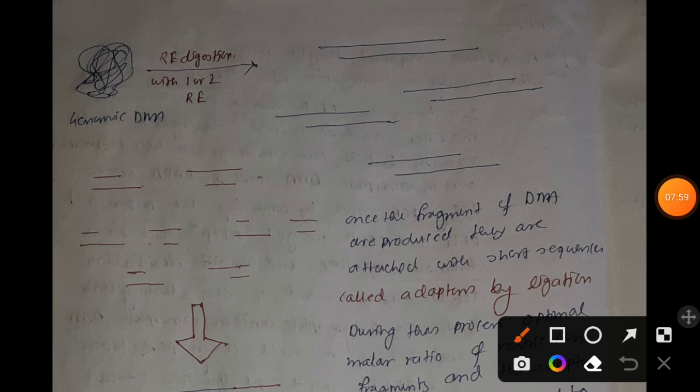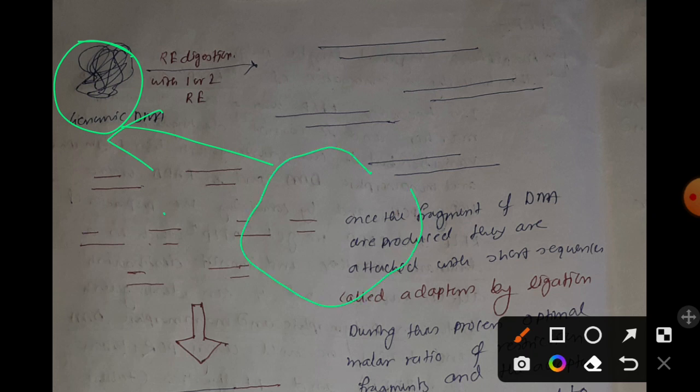So now it is important to understand the various steps of AFLP. First, this is the genomic DNA. Before that, there should be another process, that is, this is the cell, and we are isolating the genomic DNA.